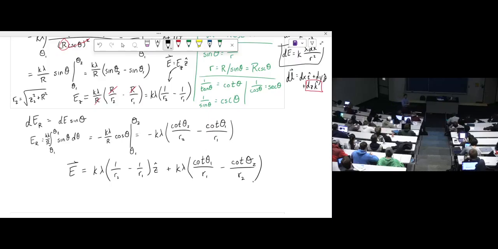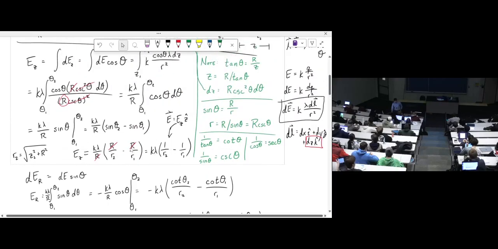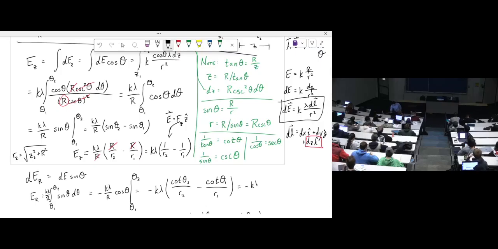Now let's think about this for a second. Let's look at these two versions of my solution here. I've got E sub r in terms of cosine theta. I could write it as minus k lambda over r times cosine theta 2 minus cosine of theta 1.